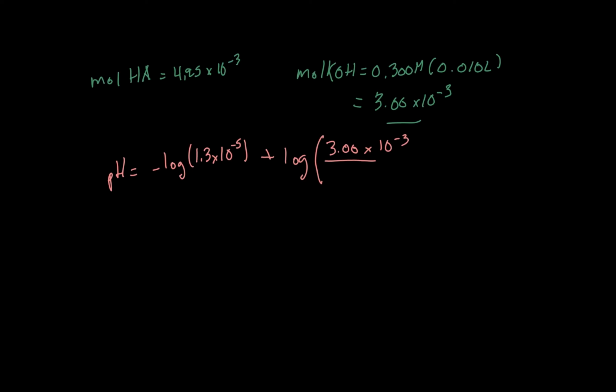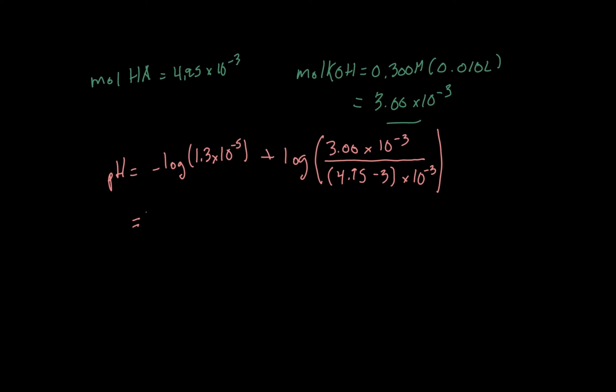And we're going to divide that by the moles of acid that remain, right? Now, this amount of moles of KOH is going to neutralize the same amount of moles of acid, right? That's why we're putting the difference of the two in the denominator. So 4.95 minus 3, times 10 to the negative 3. And we're set.